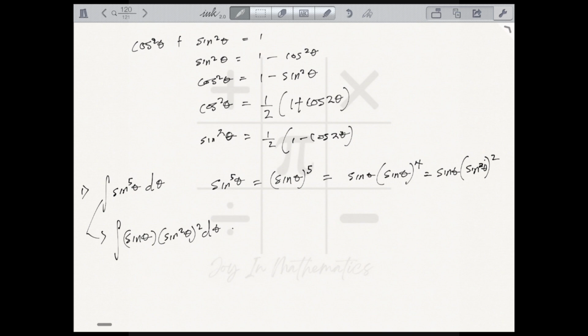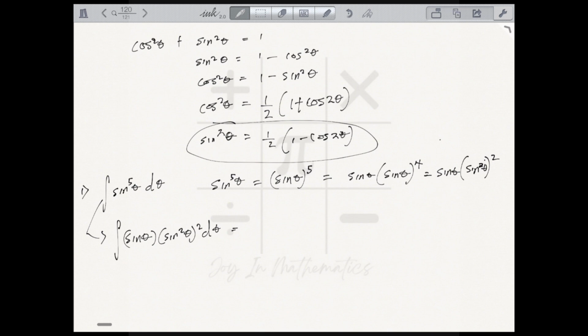We can now make our substitution of sine squared theta in terms of cos 2 theta. So wherever we see sine squared theta, we'll substitute 1 over 2 into 1 minus cos 2 theta.